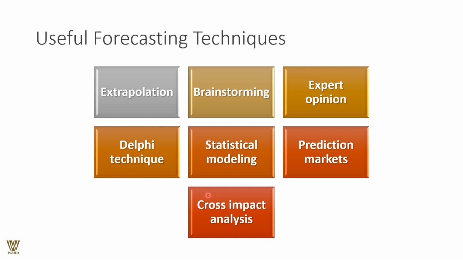The Delphi technique is similar, combined with expert opinion. When we have multiple experts who come with different opinions, we can revert back to them where their views collide with one another, and look at a cross impact analysis as the case might be.